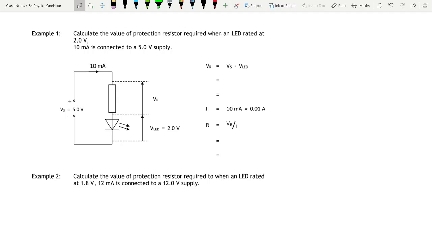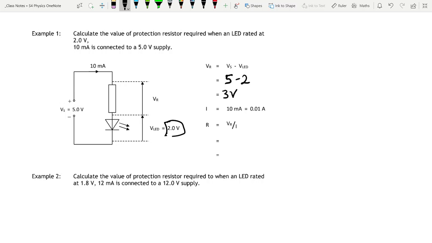Okay, so we know that we need 10 milliamps, and we need it to be 2 volts. So first of all, what we want to do is work out what the voltage across the resistor is. This voltage here. We know that the resistor and the LED are in series, so they will share the voltage. So if the LED has 2 volts across it, then the resistor must have 5 minus 2 volts across it, so 3 volts. So 2 plus 3 equals 5.